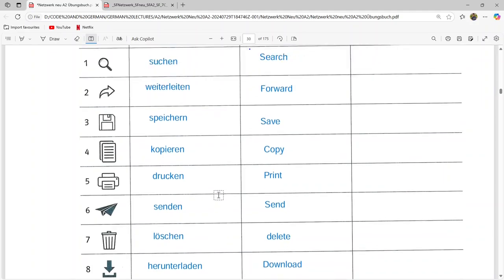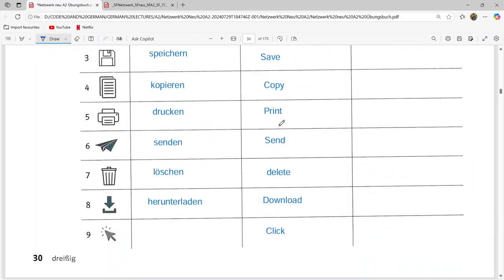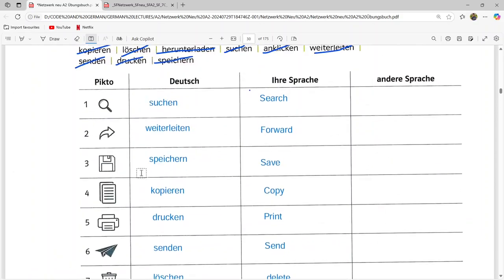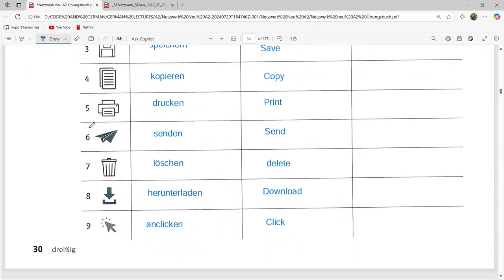And in German what can I say? In German we can say anklicken. So I will just write here anklicken. Okay. So this task is also done. Finished. Let's move on to the next task.